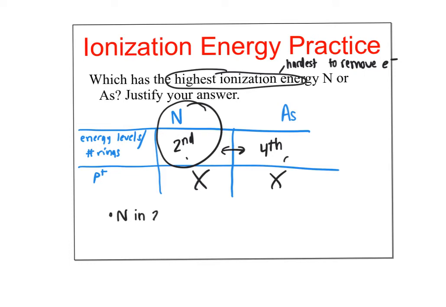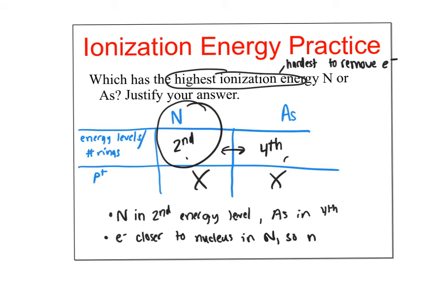Nitrogen in second energy level. Arsenic in fourth. Electrons closer to nucleus in nitrogen, so more Coulombic attraction.